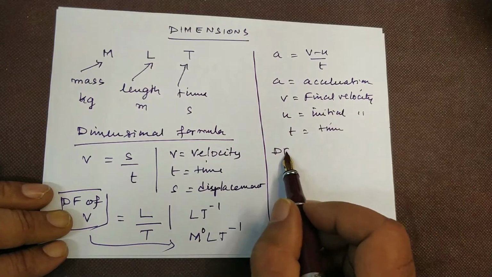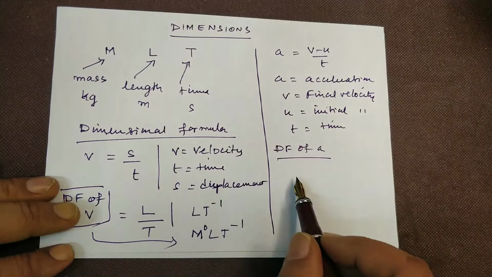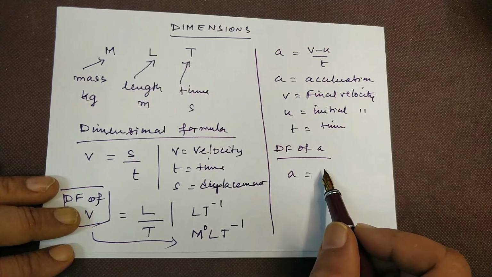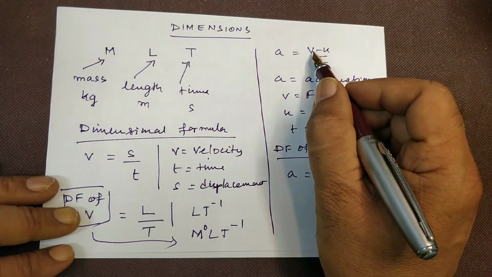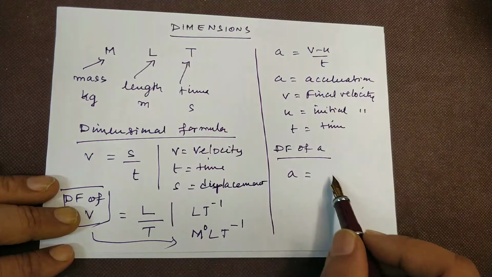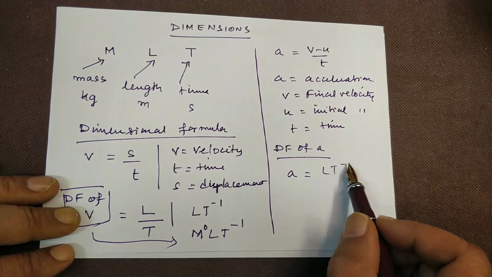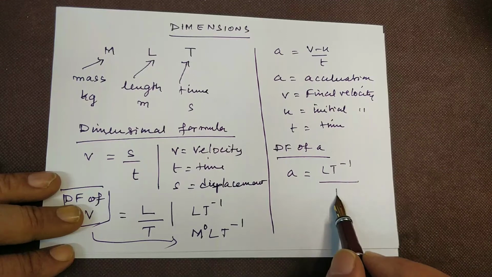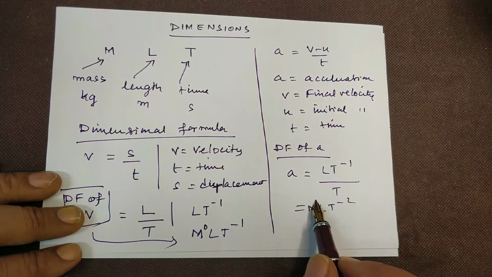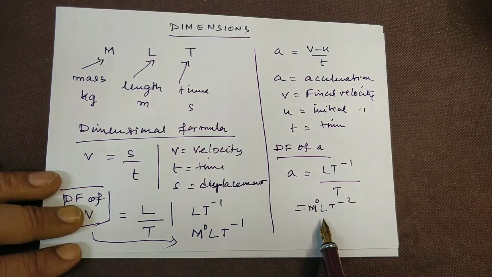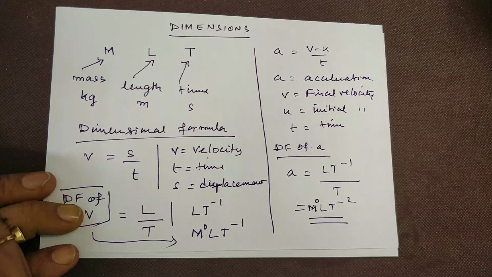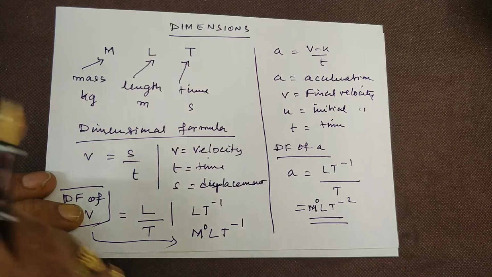So the dimensional formula of acceleration: velocity is L T power minus 1, and this is also L T power minus 1. So you can maintain this as L T power minus 1 divided by T. So that is L T power minus 2. There is no mass unit, you can put M power 0. So M power 0, L T power minus 2 is the dimensional formula of acceleration.